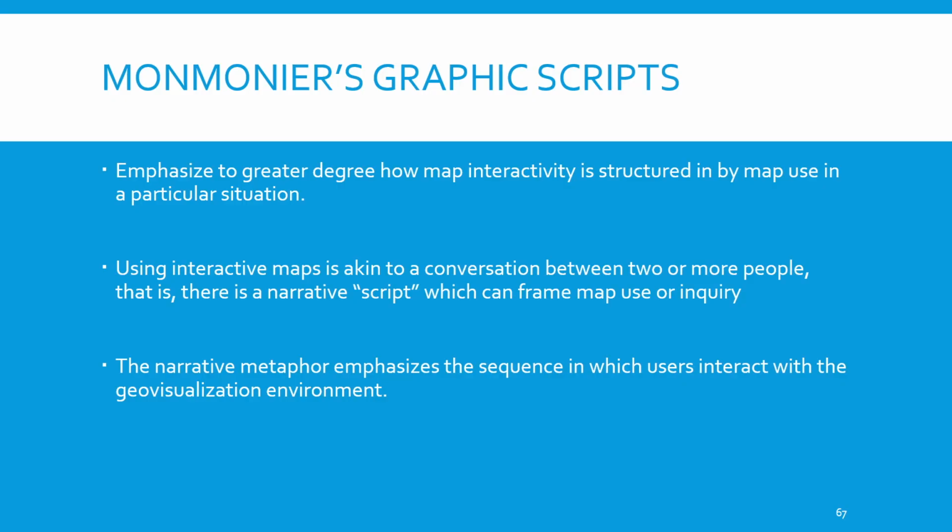And just to bring here Monmonier's graphical scripts, he emphasized to a great degree how map interactivity is structured in map uses in particular situations. Basically, the theory says that using interactive maps is akin to a conversation between two or more people, and there is a narrative script which can be framed in the way that we use the map or how we inquire the map.